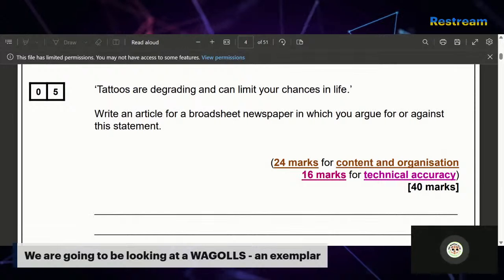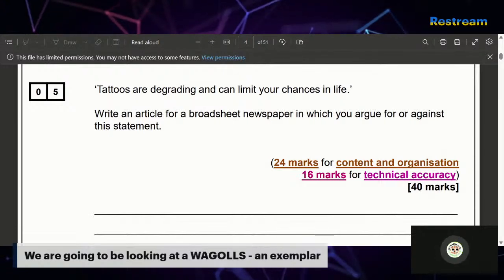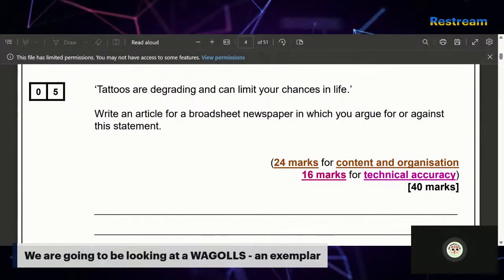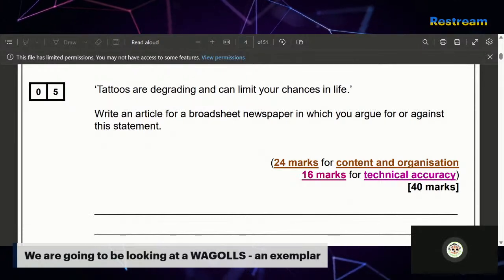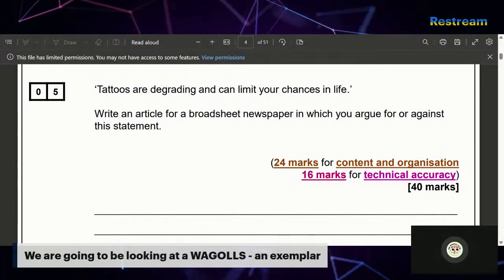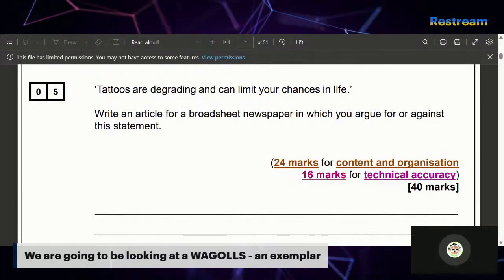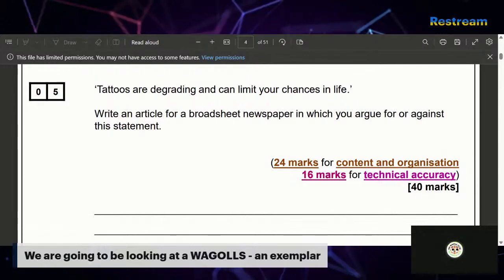There's the red tops, the middle market dailies, things like that. There's massive font on the title. Broadsheets are text-led quality newspapers, such as The Times, The Telegraph, The Guardian. They have higher news content. The style of writing is much longer, much more extensive, much more ambitious, and they offer in-depth analysis.